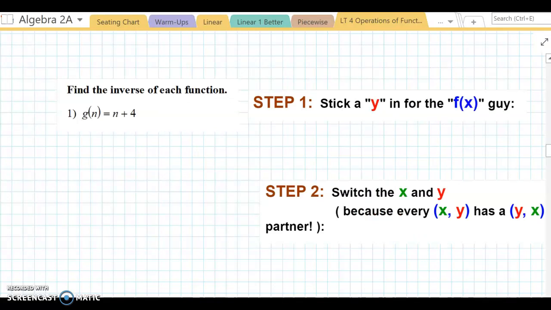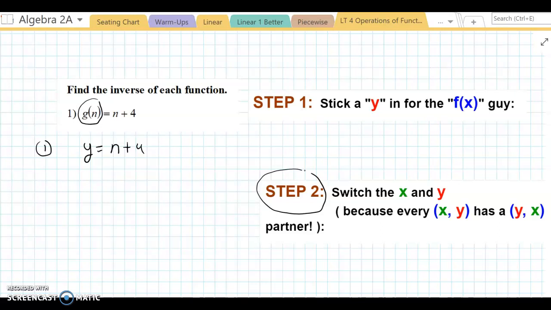So step 1, stick a y in for the f of x guy. So basically this is your f of x guy. So instead of putting that, we're going to put y equals n plus 4. Step 1, done. Step 2, switch the x and y, because every x, y has a y, x partner.